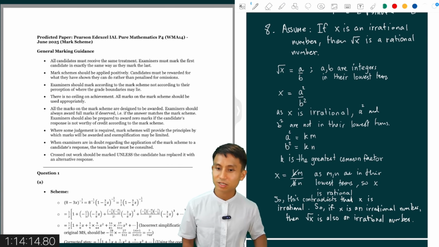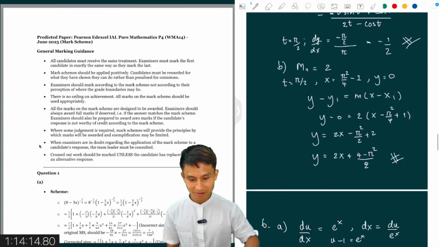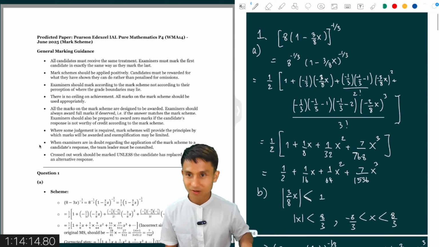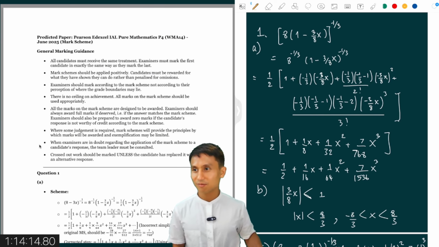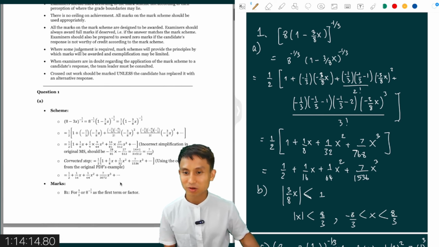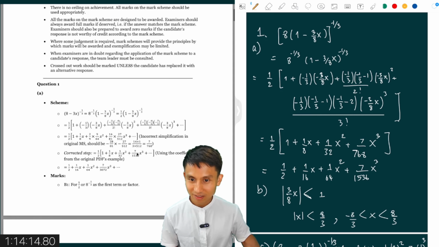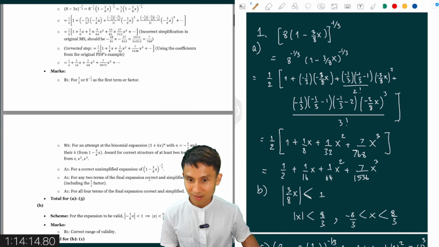Okay, here's the mark scheme for the predicted paper that I made by telling the AI to come up with it. I'm not sure if the mark scheme has the merit about all this, but if we get the same answer, then we should be fine. Looks like for the first one I don't get the same answer here. Right. Okay, what's wrong with that? Let's see.